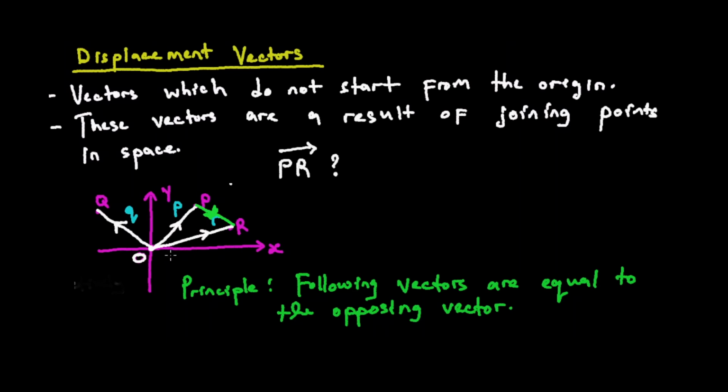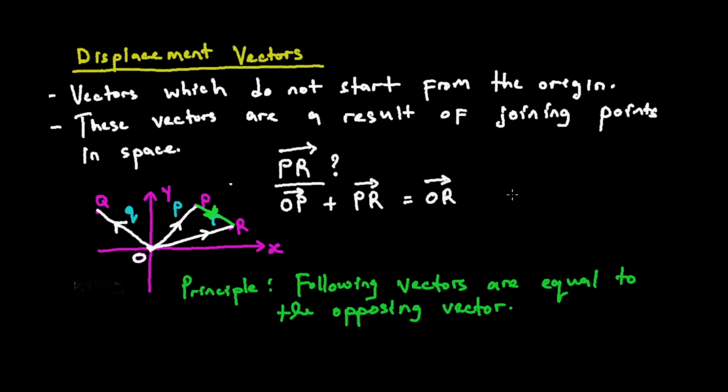When we say following vectors, of course we are guided by these arrowheads. If we look here we will see that vector OP is followed by PR. So we say OP plus PR is equal to, but if you look you will see that OR is in the opposite direction of this flow of OP and PR. So OP plus PR, the following vectors, are equal to OR, which is the opposing vector.